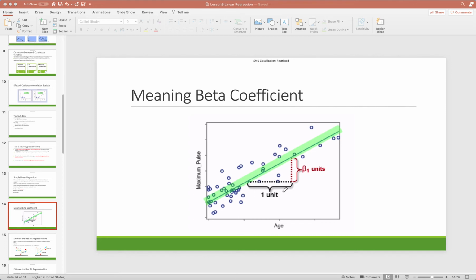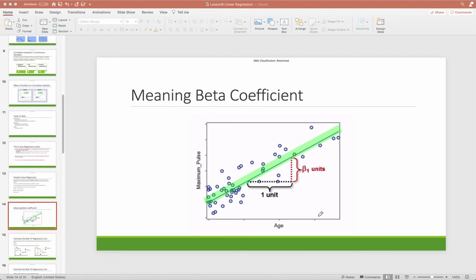Now, what really happens is that the beta or the slope tells you that when age increases by 1 unit, what happens to the maximum pulse. So if the slope is beta, then we say that when age increases by 1 unit, the y variable, or the maximum pulse in this example, changes or increases by beta units.